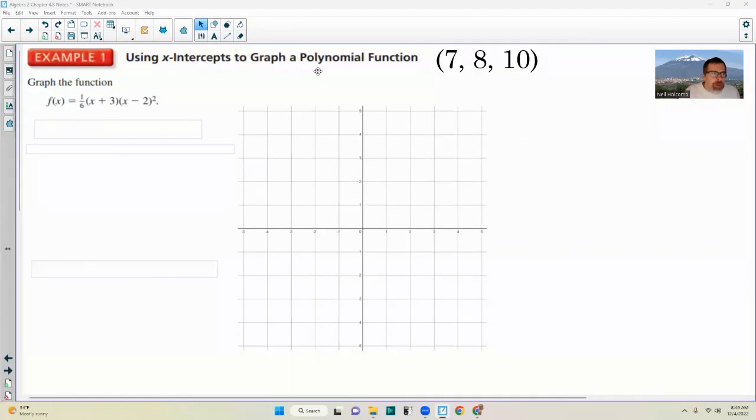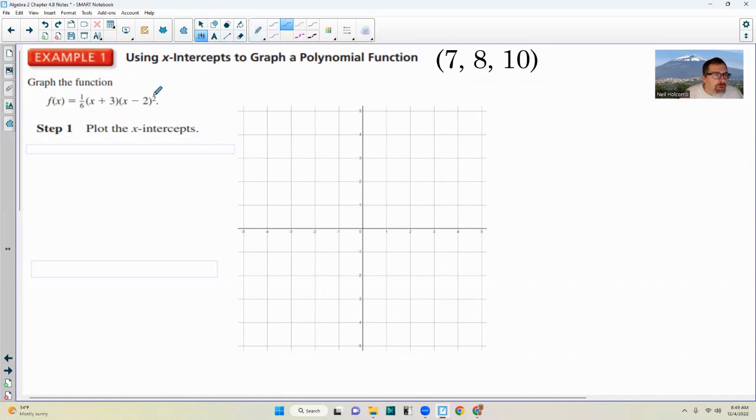Okay, so let's put this to work. Example 1: using x-intercepts, graph a polynomial function. So here we have a polynomial function, f of x equals 1 over 6 times x plus 3 times x minus 2 squared. Step 1 is plot the x-intercepts.